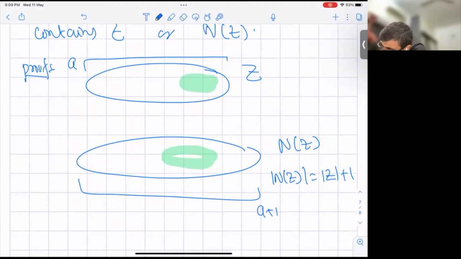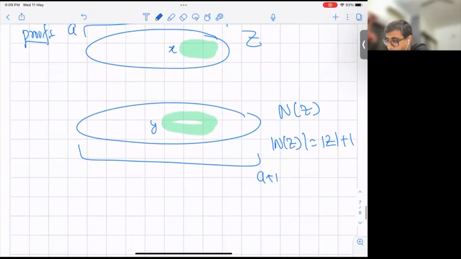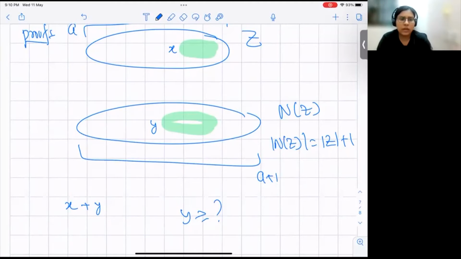Now suppose you have picked some X number of vertices from Z and some Y number of vertices from N of Z in the vertex cover. So you have picked X and you have picked Y. Now tell me, Y is at least how much? A minus X.